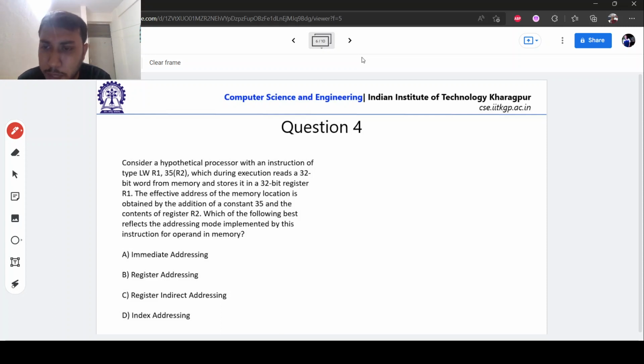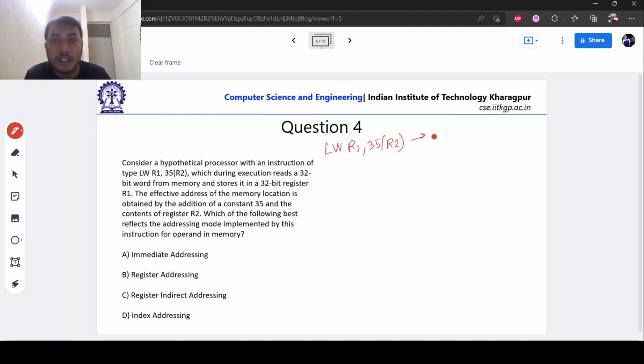The options are immediate addressing, register indirect addressing, index addressing. So basically, if I explain it in simpler terms, the question asks, for this instruction LW R1, comma 35 R2, what kind of addressing mode is this?